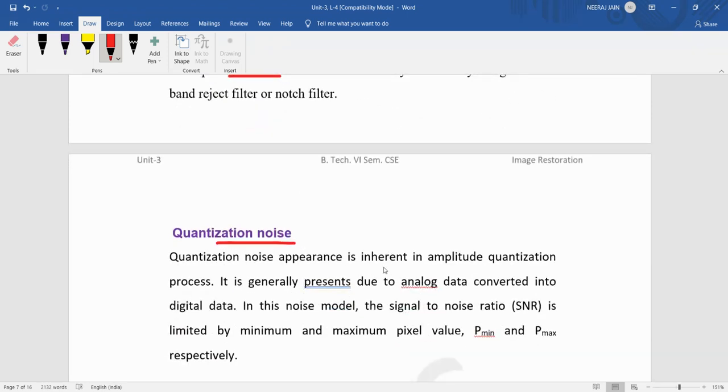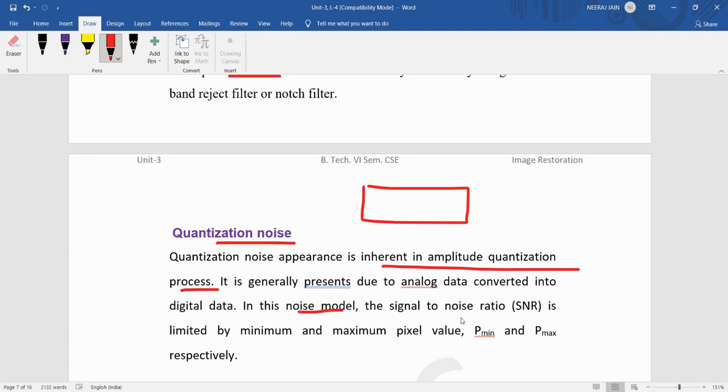Quantization noise appears inherently in the amplitude quantization process. It is generally present when analog data is converted into digital data. When we convert an analog signal into a digital signal, we use an IC, which contains several components. Due to this, the noise occurs.